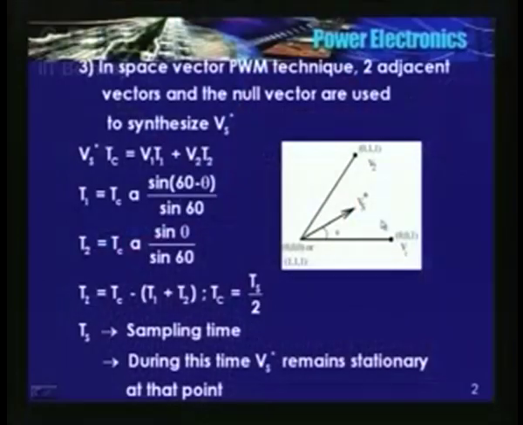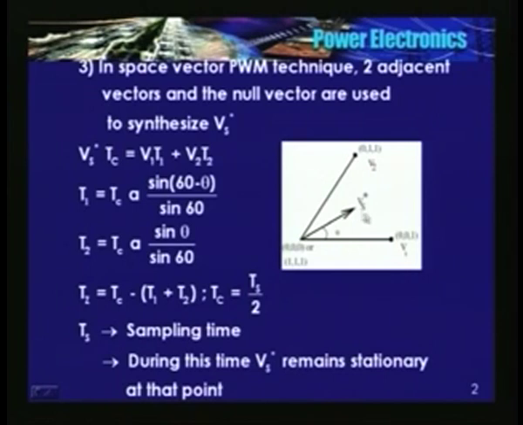Now what about the space vector PWM technique? In space vector PWM technique, the required space vector is synthesized using 2 adjacent vectors and the null vector. See in this figure, assume that the space vector is in quadrant 1, in between V1 and V2, making an angle theta.